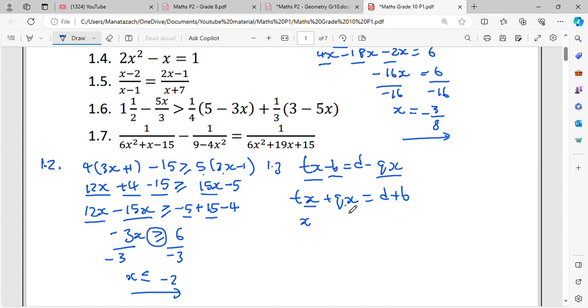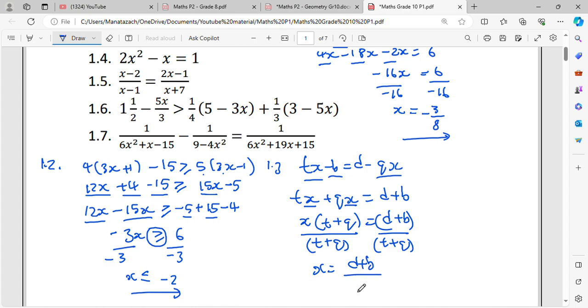Here the common factor is x. You'll be left with t plus q is equal to d plus b. So going to divide both sides with t plus q. Then x is going to be d plus b divided by t plus q.